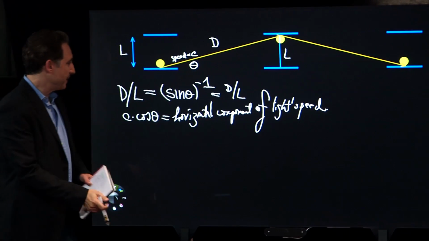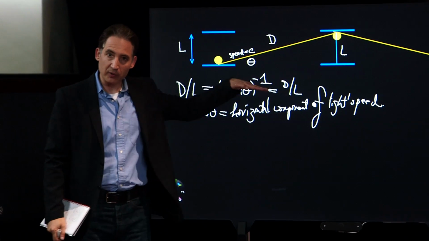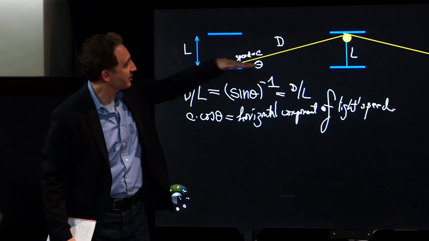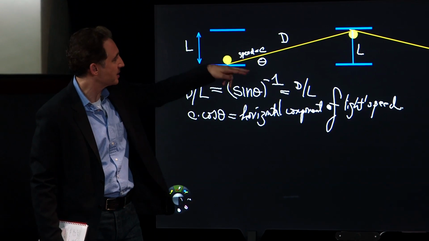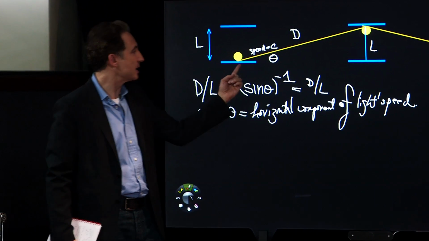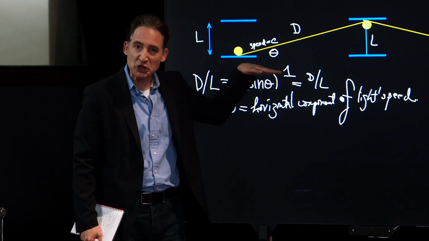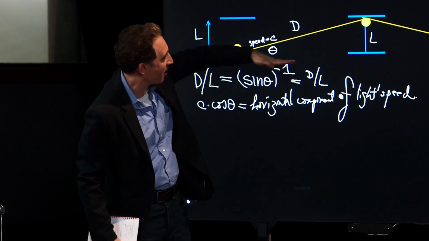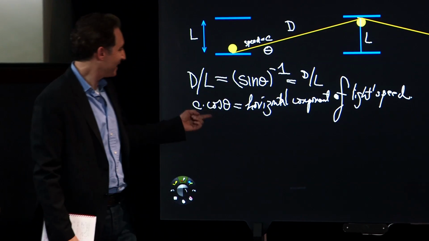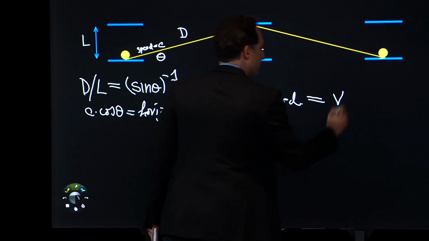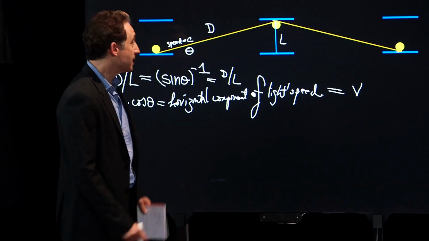Now, the reason why I'm interested in the horizontal component of the light speed, again, the speed of light is c, but its progression in the horizontal direction is given by c times cosine of theta. Again, cosine is the adjacent over hypotenuse, so that gives us the projection of that speed into the horizontal direction. This must be equal to the velocity v of the clock itself, right?